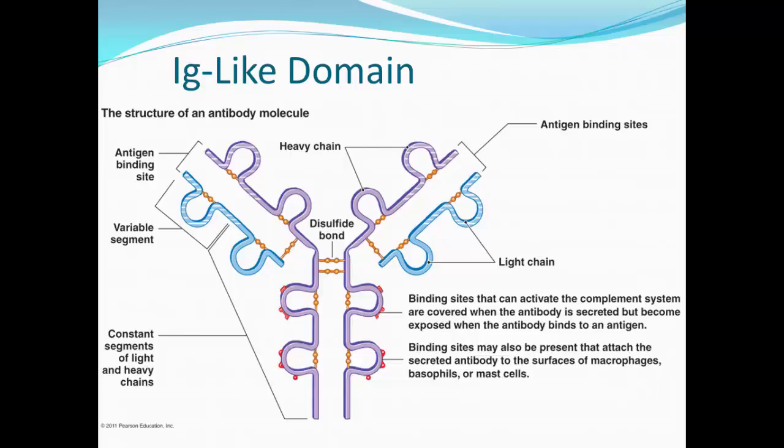So we also see a difference between heavy chains and light chains. Now the heavy chains are continuous and are part of the constant domains, while the light chains are only included in the variable segments. One thing that's specific to Ig proteins is the presence of a disulfide bond, which can be seen in the middle and throughout the antibody.